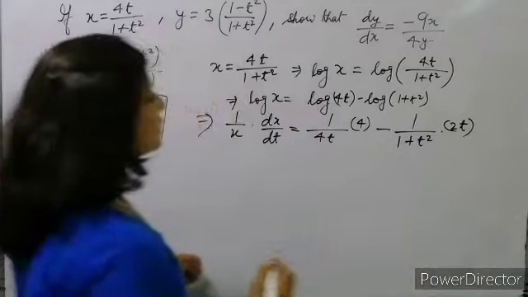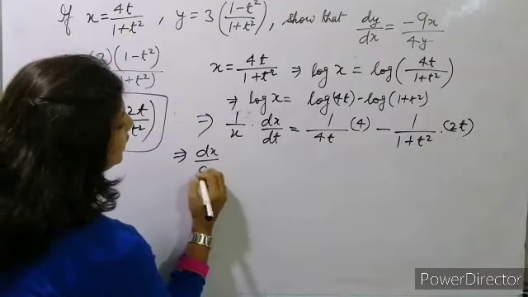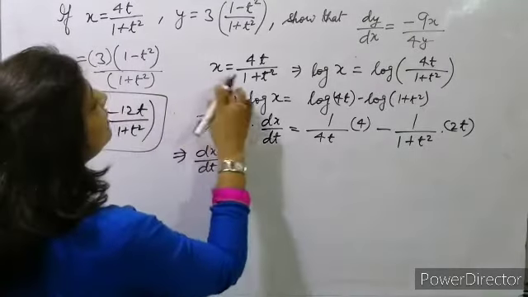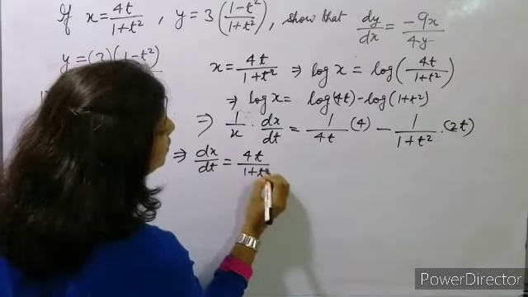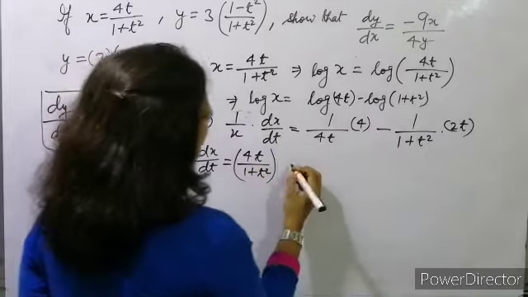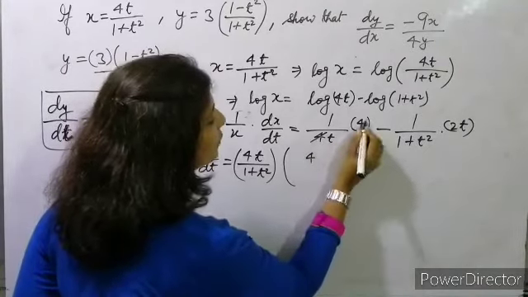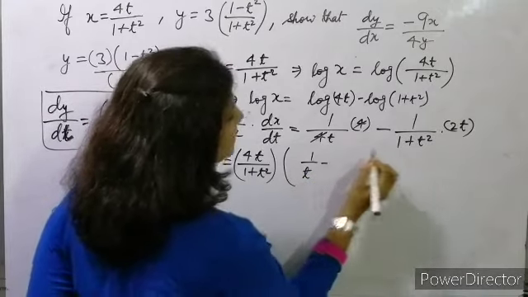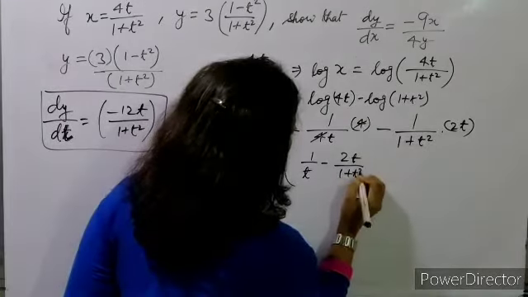Okay, so dx upon dt will be equal to x, we multiply x here, and the value of x is 4t divided by 1 plus t square, multiplied by this one, 4 upon 4t, so 4 and 4 cancel, it will be 1 upon t minus 2t divided by 1 plus t square.